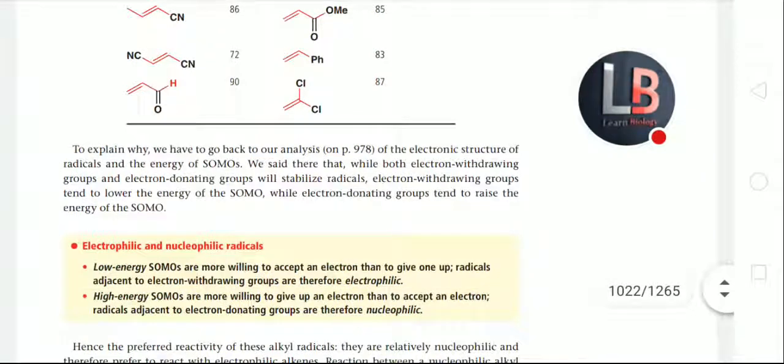To explain why, we have to go back to our analysis on page 978 of the electronic structure of radicals and the energy of SOMOs. We said there that while both electron withdrawing and electron donating groups will stabilize a radical, electron withdrawing groups tend to lower the energy of the SOMO, while electron donating groups raise the energy of the SOMO.